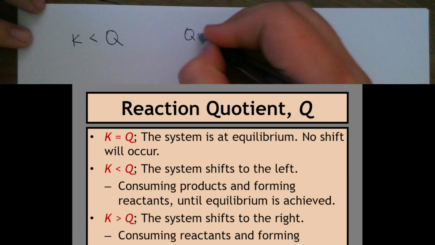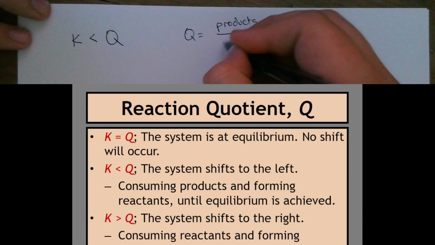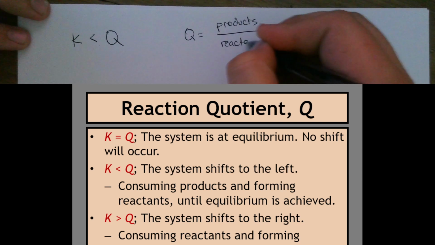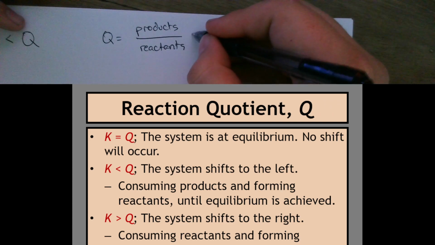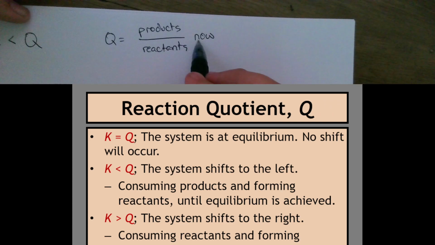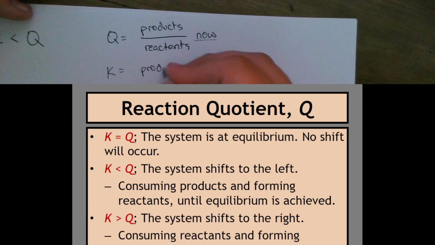Q is products over reactants. But it's when it's not at equilibrium. So this is now, the now time. K is what my products over reactants will be once I reach equilibrium.